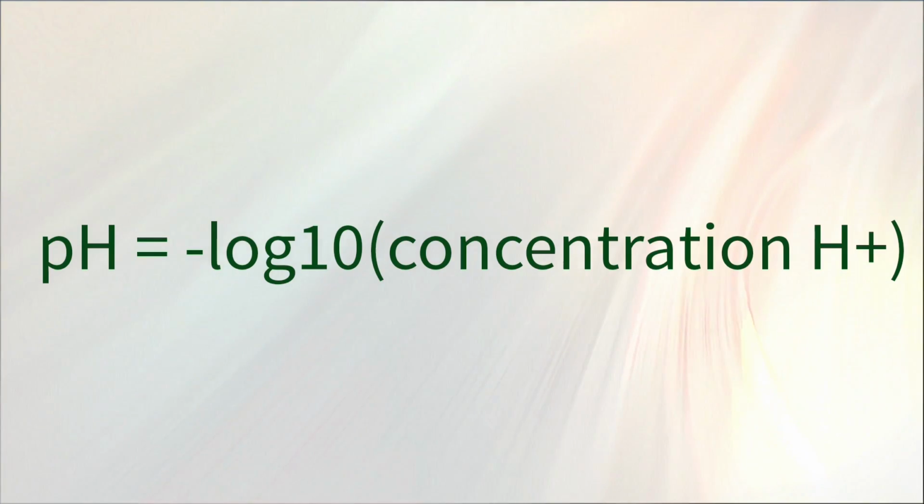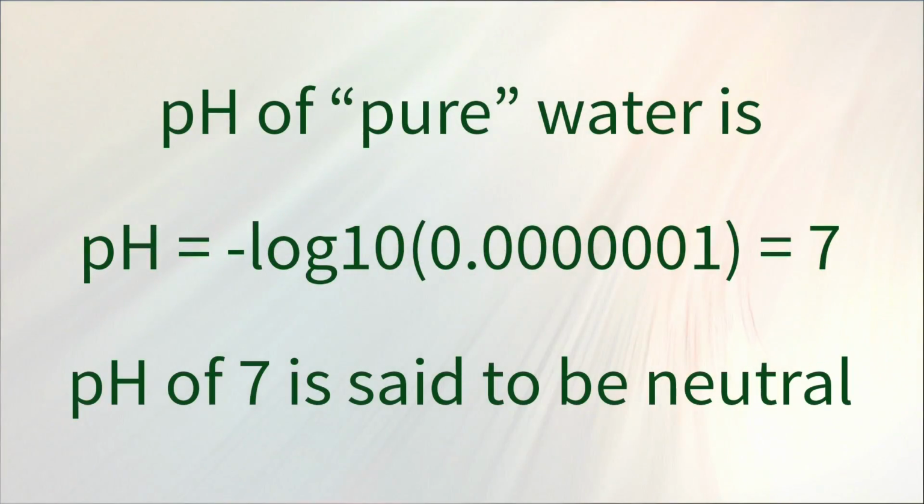And if you take pure water, and pure water is not just H2O, it's H2O plus some hydrogen ions in there, and you take the hydrogen ion concentration of pure water and insert it into that formula, it's going to spit out a pH of 7. And because of that, we consider a pH of 7 to be a neutral pH.